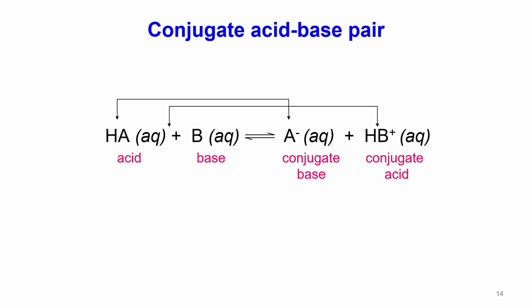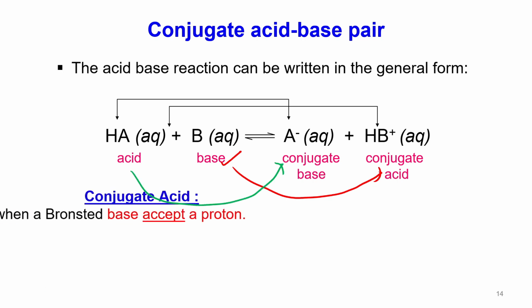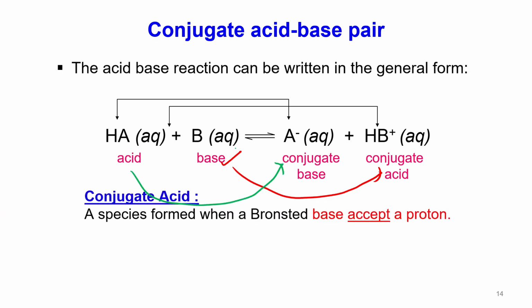So that one we call as conjugate. Conjugate acid bersama pairnya ialah base. Kalau conjugate base, pairingnya ialah acid. Okay, dia opposite. So conjugate acid is a species formed when a Bronsted base accepts a proton.